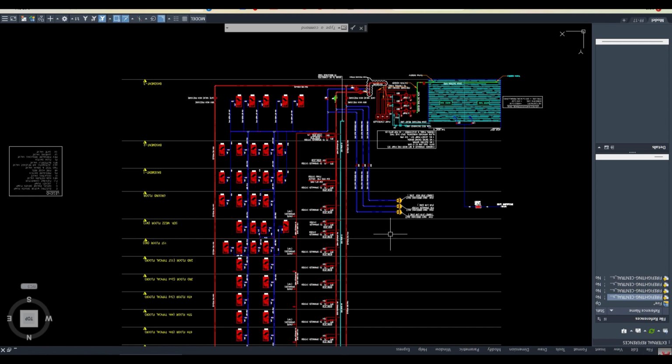The passive system is about the design of the building itself, so that people can get out of the building very quickly in the case of fire. That part is basically for the architects who are designing the building. They have to take care of things like the minimum width of the staircase, the minimum number of staircases, the requirement of assembly points, and the travel distance.